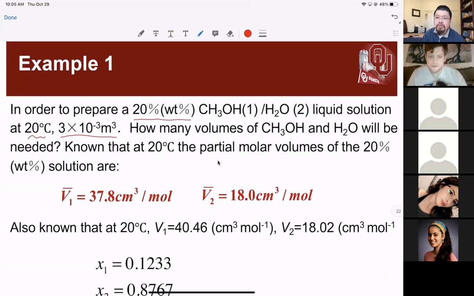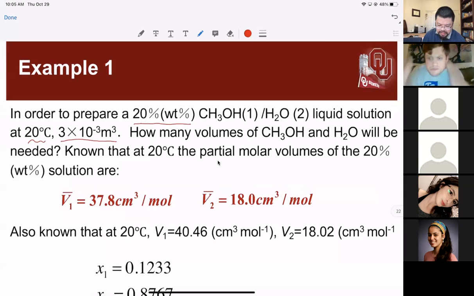So basically we need to prepare a mixture, and I need to know how many volumes of the pure components in order to prepare that much of the mixture.